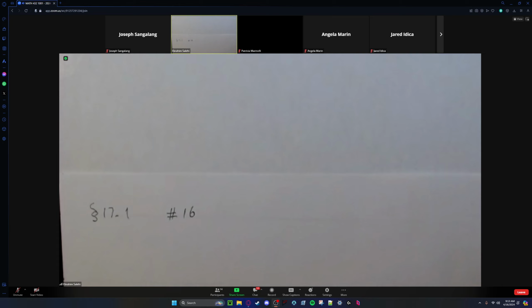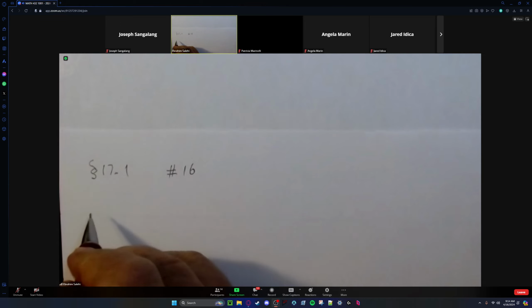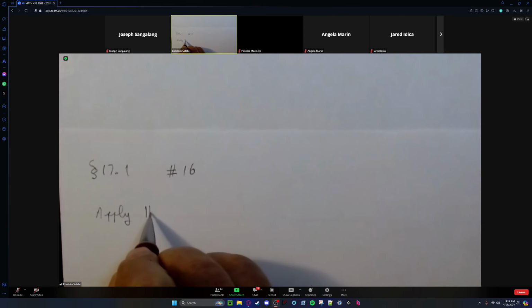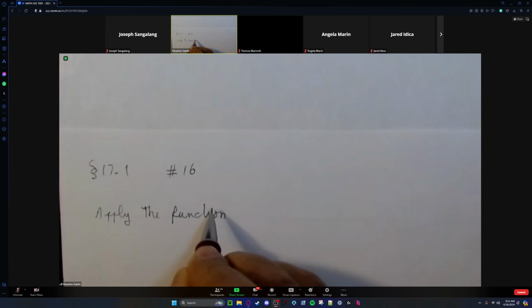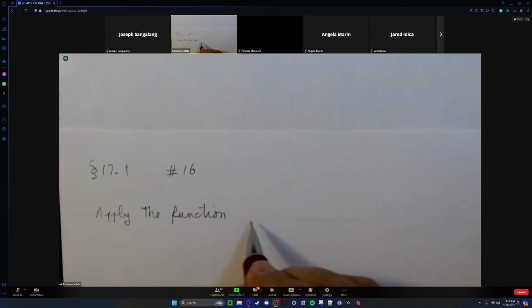Number 16 is sort of, this is what we want to do: apply w equals 1 over z. Different wordings, but that's the same thing, right? w equals 1 over z.